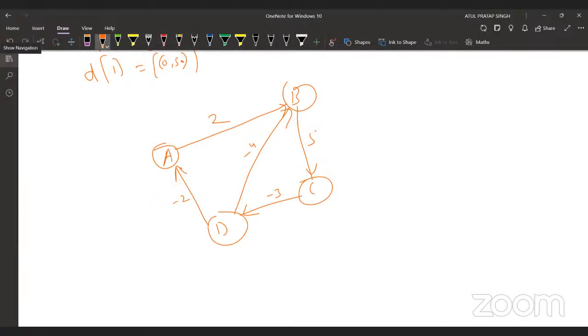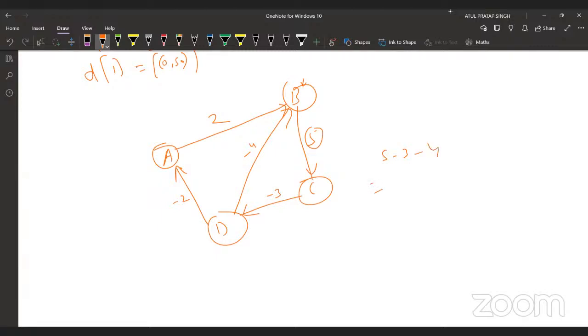So how we can find that the graph has a negative weight cycle is if we start from any vertex. For example, if we are starting from here, moving B to C, then we are getting this 5 weight. After that, C to D, so 5 minus 3 is 2. Then D to B, returning to the same vertex where we started, so -4.